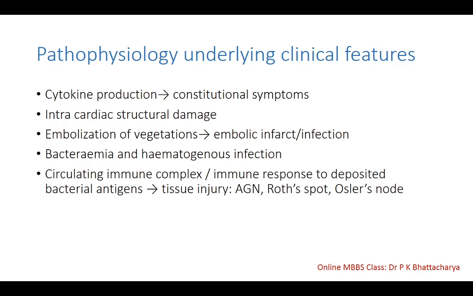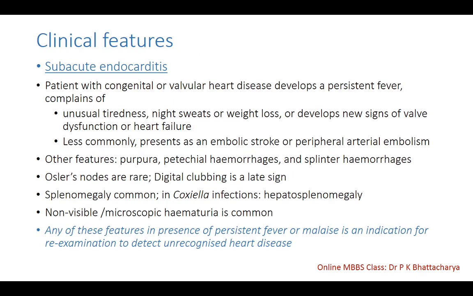These immune complexes circulate in the body, lodge in different vital organs, and may lead to additional diseases like acute glomerulonephritis, or the presence of Roth spots in the eyes, or Osler's nodes in the fingers. So these may be due to the immune complex mediated or immune response clinical features of infective endocarditis.